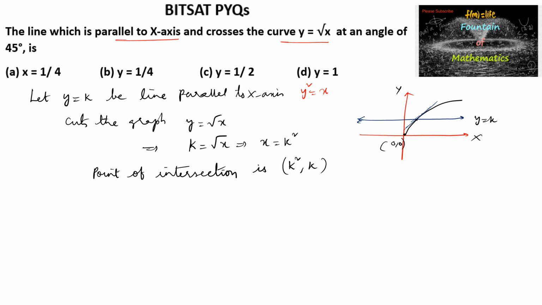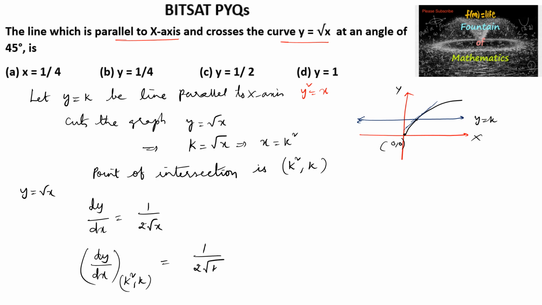And now we need to find the tangent, that is dy by dx for y is equal to root x. We can say dy by dx is equal to 1 by 2 root x, and dy by dx at the point k square comma k is equal to 1 upon 2 root of k square, which is equal to 1 by 2k.